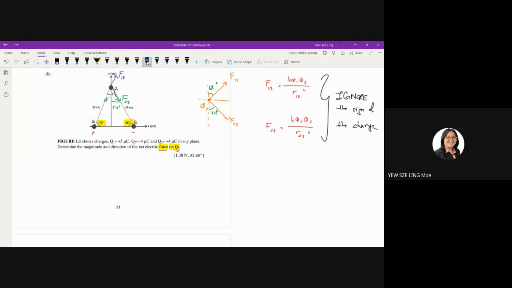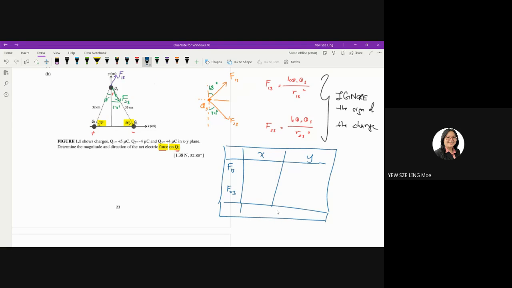Once you have the forces, you can proceed to resolving the vectors. The reason I need a table is that both vectors are not lying on the same plane. So I have F13 here and F23 right here, and I'm going to resolve them and then calculate the resultant. So summation Fx, summation Fy as usual.